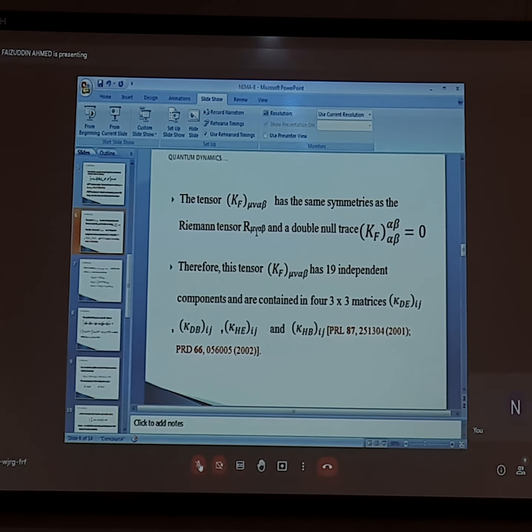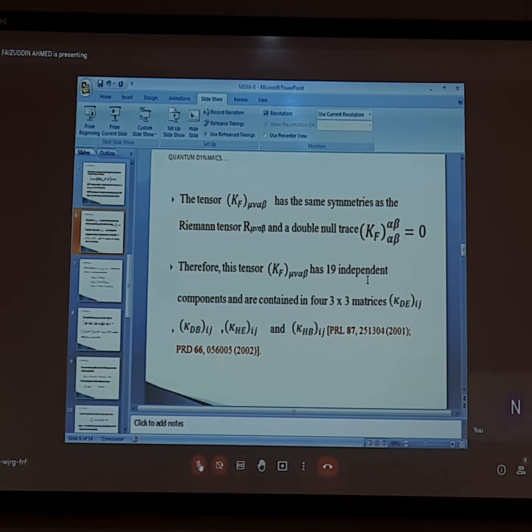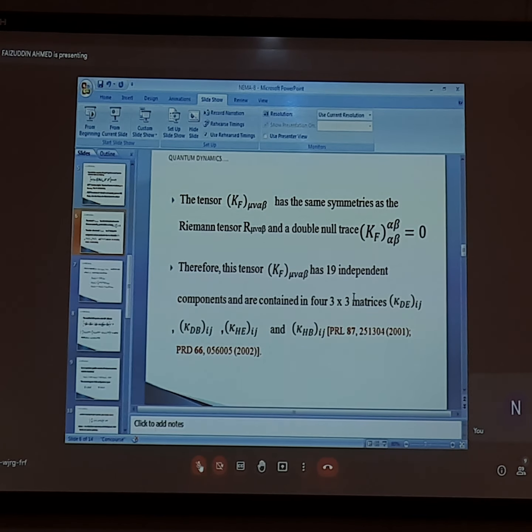As we know, the Riemann tensor has 20 independent components. Therefore, this tensor K_F mu nu alpha beta has 19 independent components. These 19 independent components we can express in four 3x3 matrices: kappa_DE, kappa_DB, kappa_HE and kappa_HB. This is given in detail in these two papers.